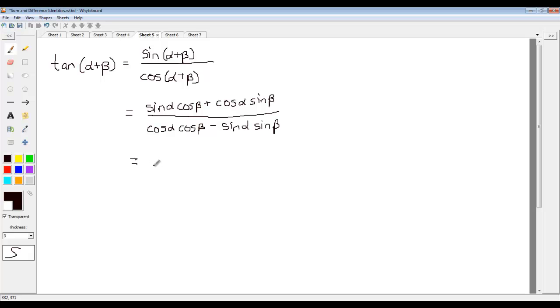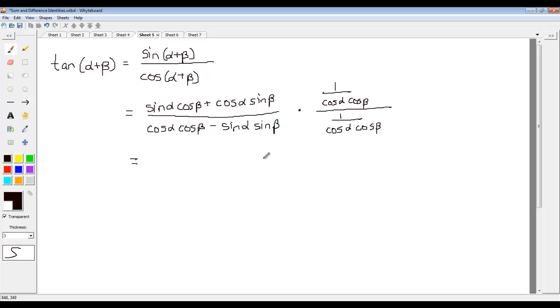Alright, looks a little hard to work with, but cool little thing we can do here. We can multiply top and bottom by 1 over cosine alpha cosine beta. And this will give us a very interesting result.